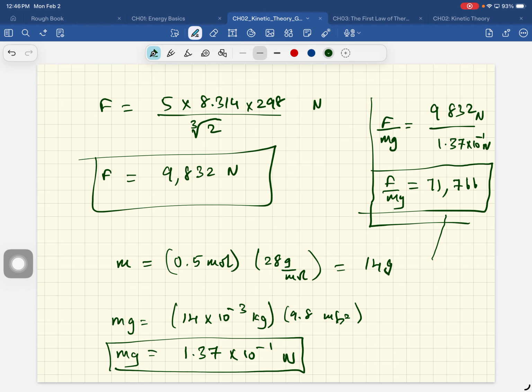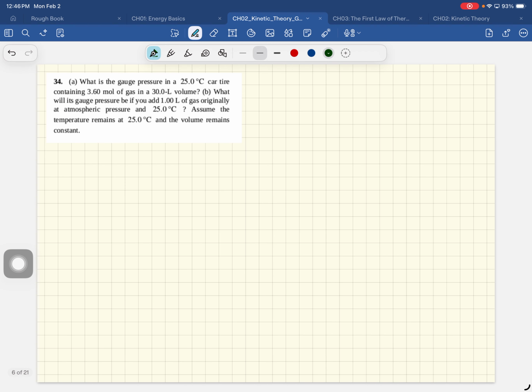So all those gauges that you buy at Walmart or wherever, it measures absolute pressure minus atmospheric pressure. So when you measure the pressure in your tires, what you're measuring is gauge pressure. Okay, so gauge pressure is absolute pressure minus atmospheric pressure. So let's calculate the pressure first.